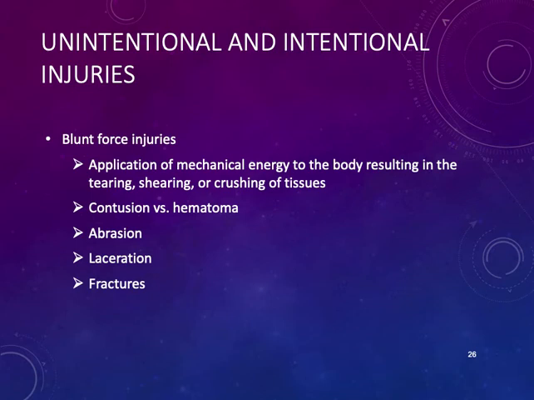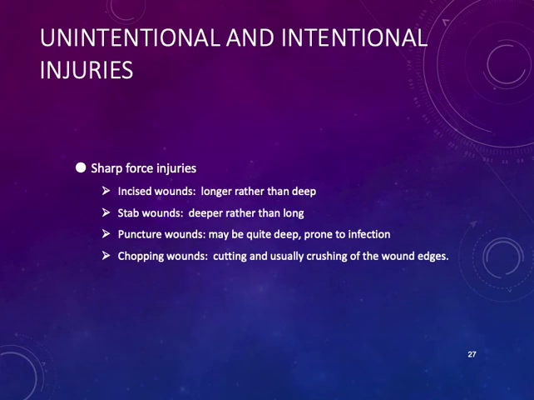You can take a look at this, but a lot of it talks about different injuries like blunt force injuries, abrasions, lacerations, contusions, and then other unintentional injuries such as gunshot wounds, strangulation. Those are things you can just take a look at in your textbook.